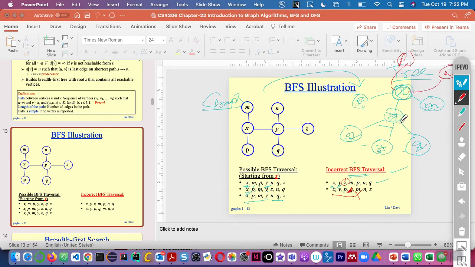If you start from Y, this is the first level, and this is the second level, also this one, and this is another level. So maybe if you draw a circular path, that may work. It can start anywhere.